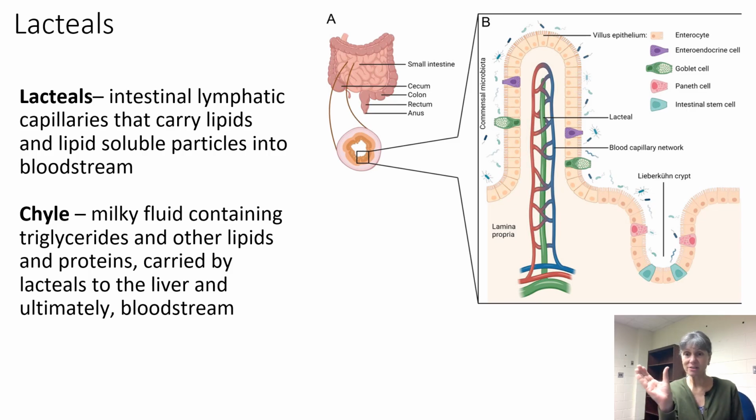You'll also notice there's a crypt, an area between the intestinal villi. So there's a Lieberkuhn crypt in this picture. I know we haven't done the digestive system yet, but I just wanted to point out those structures. As molecules are broken down in the digestive system, the lacteal is designed to absorb those lipid and lipid-soluble particles.